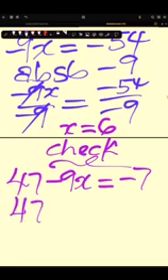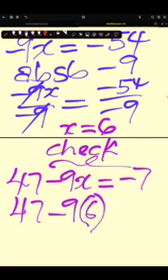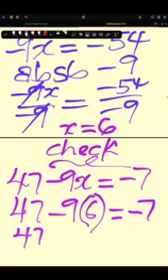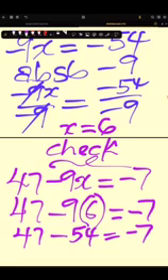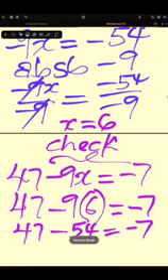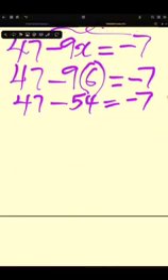47 minus 9 into bracket of 6 is equal to minus 7. That is 47 minus 54 is equal to minus 7.